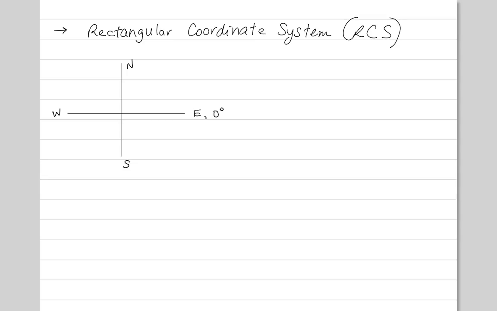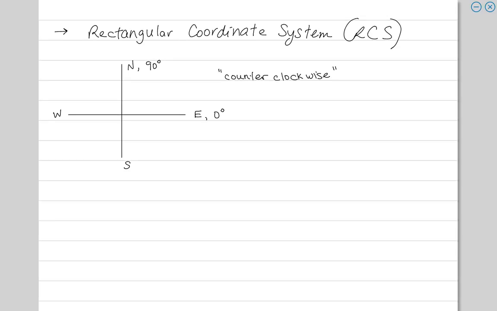And the rotational angle is not clockwise, it's counterclockwise. So you have a counterclockwise rotational angle. So north is 90 degrees, west is 180 degrees, south is 270 degrees, and then you're back up to 0, back up at 360, a full rotation, or you can just call it 0 again.